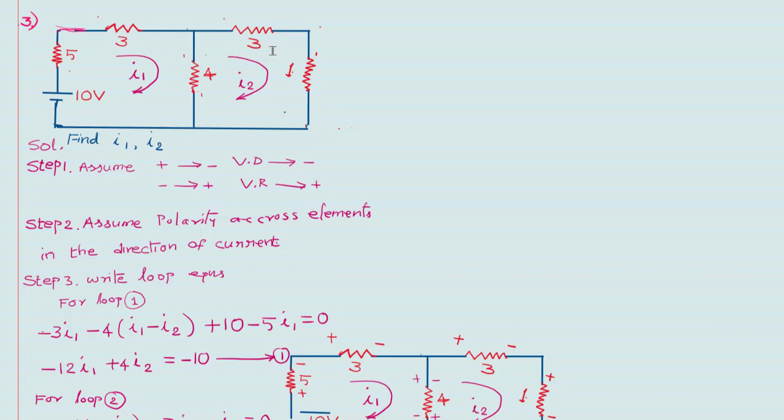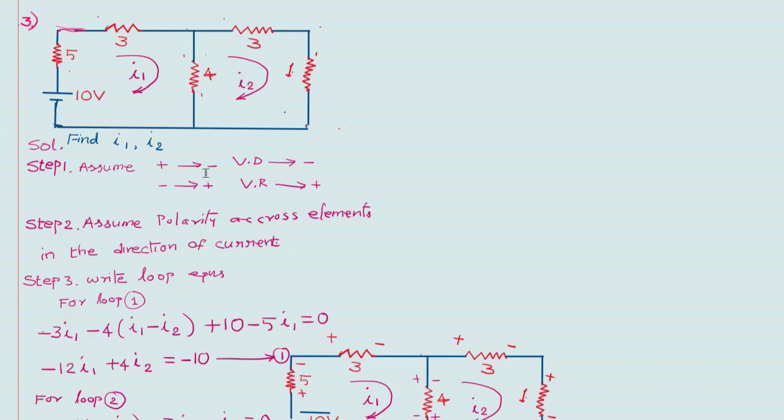Once the loop currents are known, we have to identify the polarity of voltage across each element in this circuit. To give the polarity of voltage across each element, we should follow a certain rule.